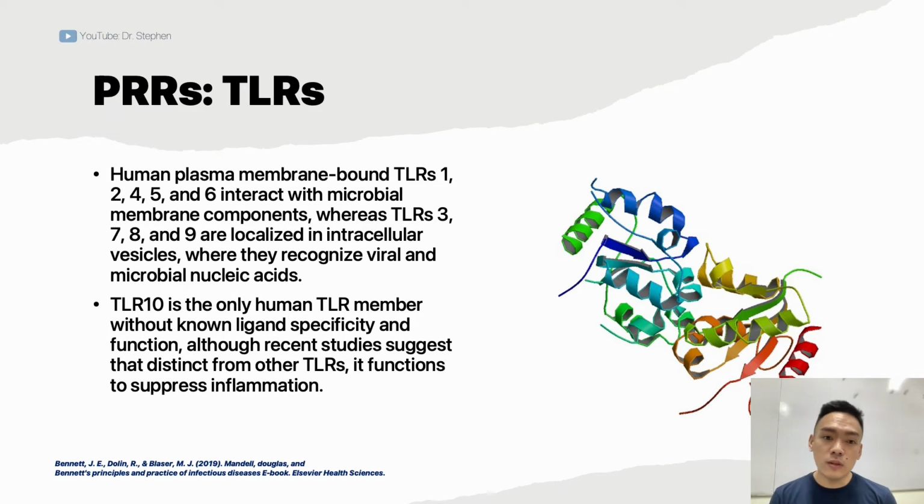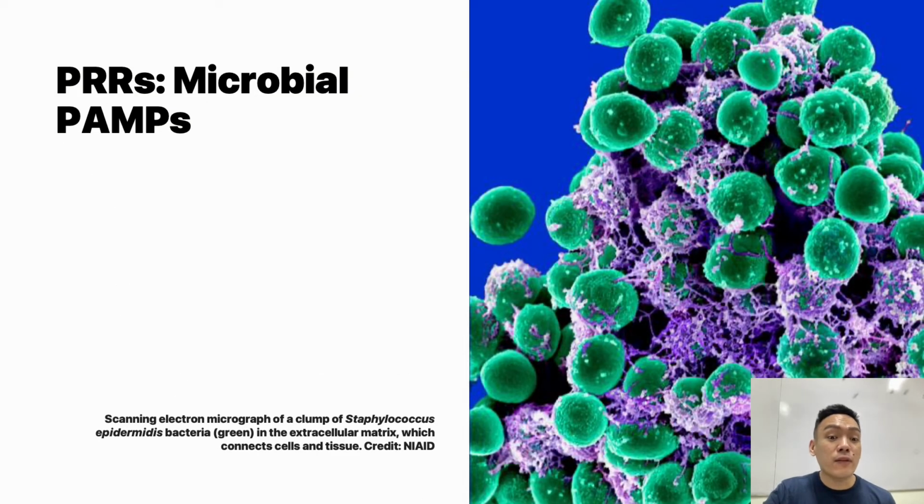TLR10 is the only human TLR member without known ligand specificity and function, although recent studies suggest that, distinct from other TLRs, it functions to suppress inflammation. PRR members of the CLR family are expressed as transmembrane or soluble proteins which bind a complex array of carbohydrates, and they are essential for antifungal immunity.